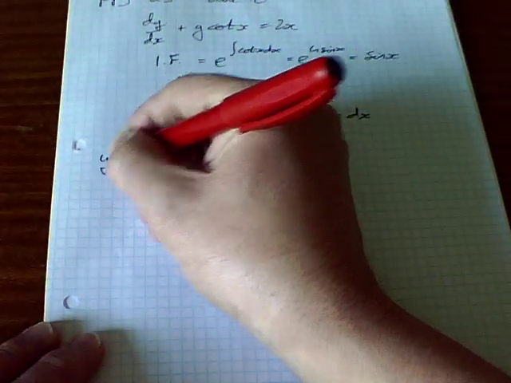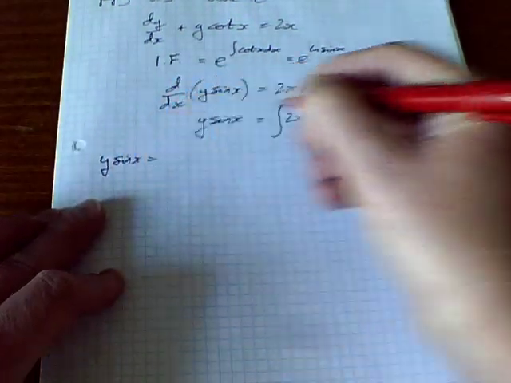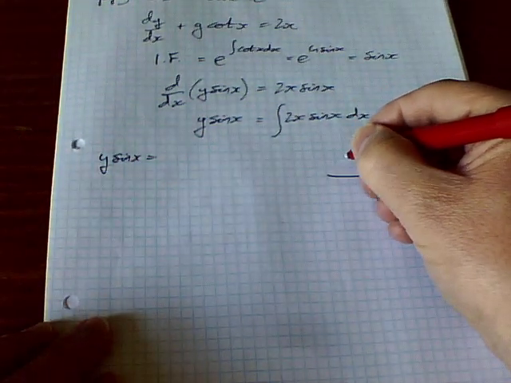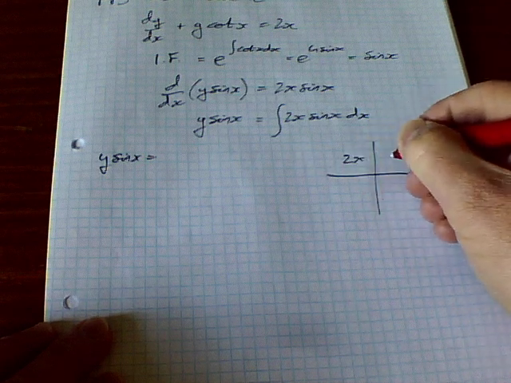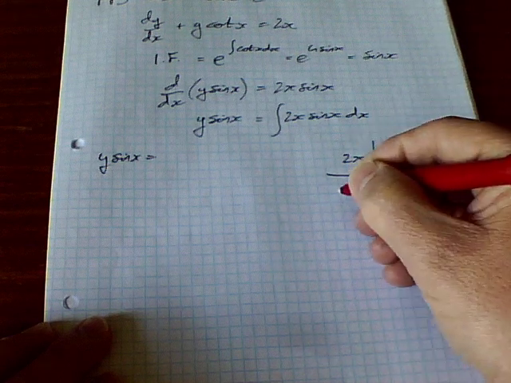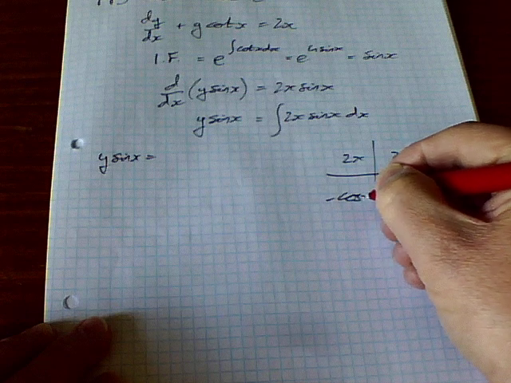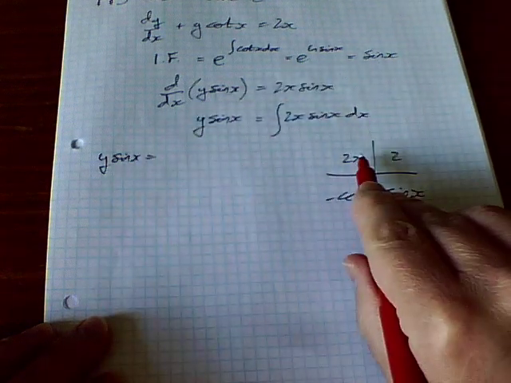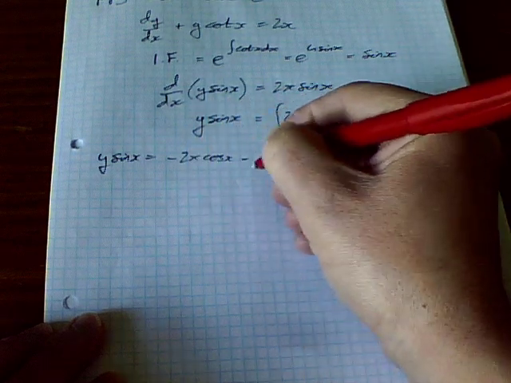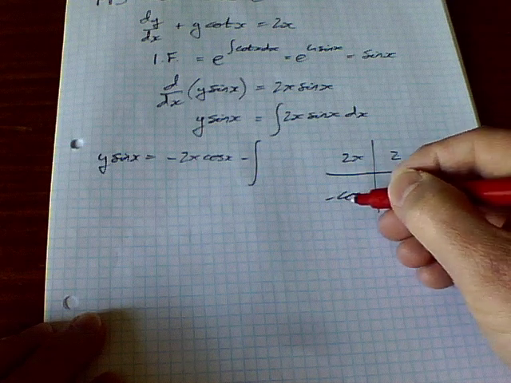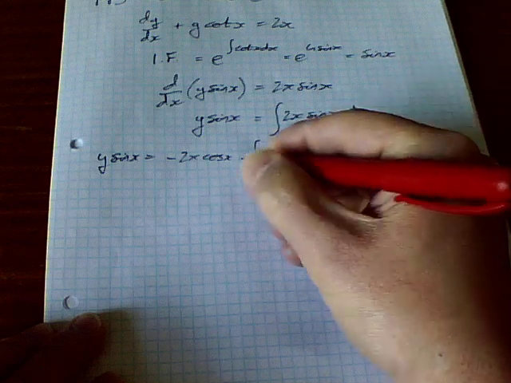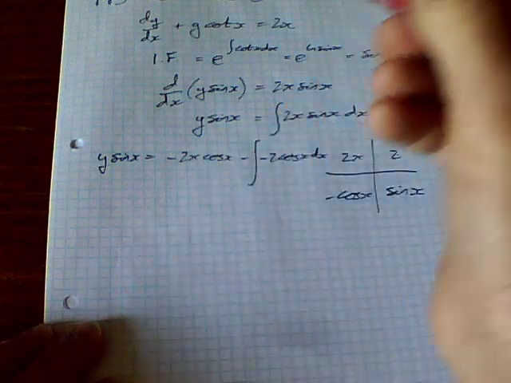So my y sine x is going to equal, now by parts, my u here is going to be the 2x, and then du is going to be 2. And my dv/dx is going to be sine x, and so my v is going to be minus cos x. So, take the product of those two, it's going to be minus 2x cos x minus the integral, being very careful, of 2 times minus cos x, which is minus 2 cos x dx, being very careful about handling that double negative there.